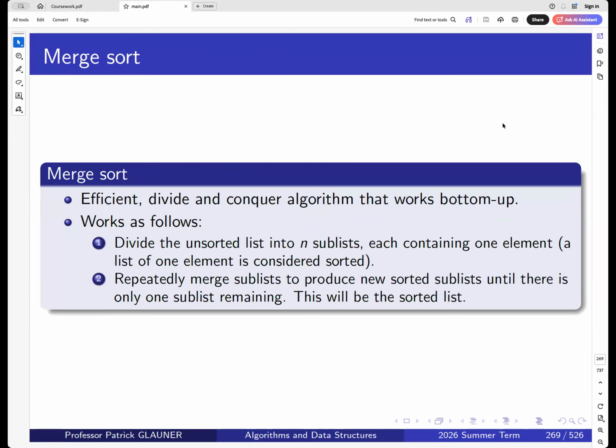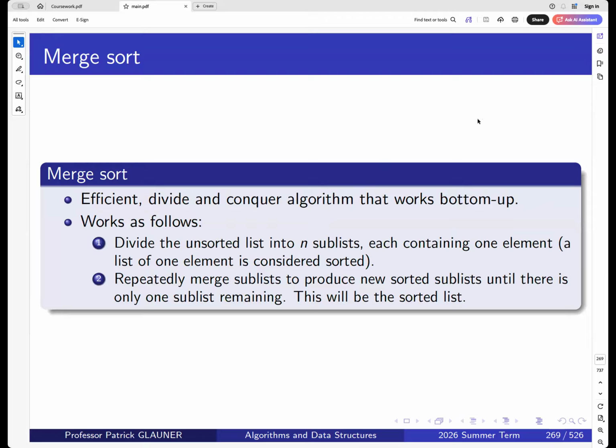We will now look at two very efficient sorting algorithms instead, and they are used in the real world and they come with real consequences. So I think we better study them. One is called the merge sort. The merge sort is a divide and conquer algorithm, and it works bottom up.